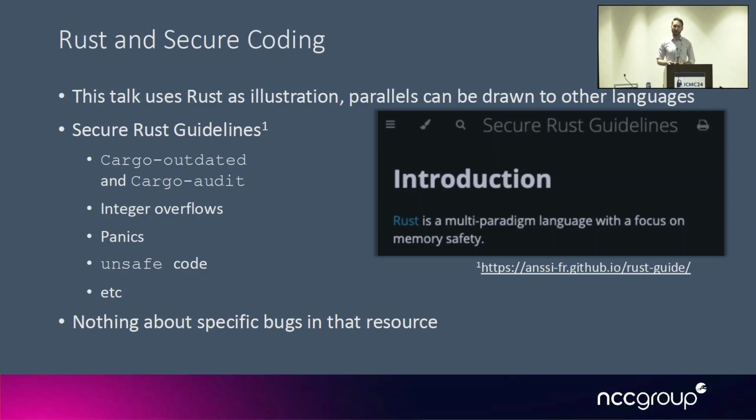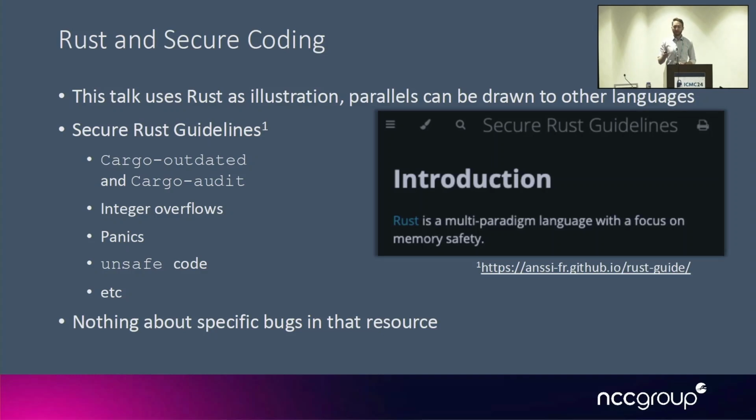That resource also talks about integer overflows, panics, and unsafe code. Unsafe, kind of like a throwback to the title of my talk, is a keyword that can be used to perform unsafe operations. Obviously there are some guidelines around that. It should not be used for things that can actually be too dangerous, and so on.